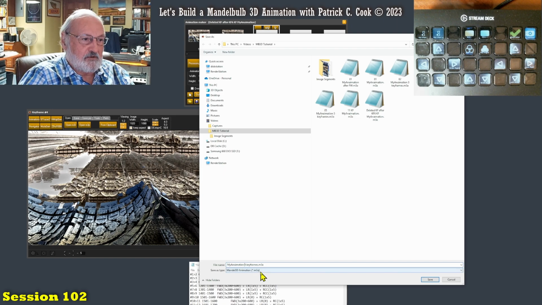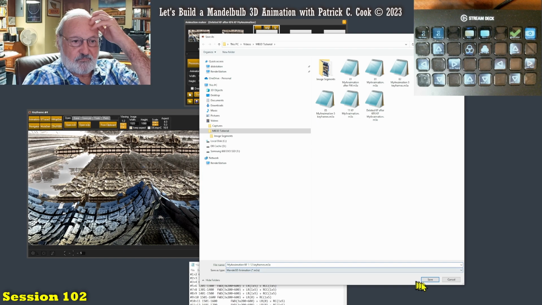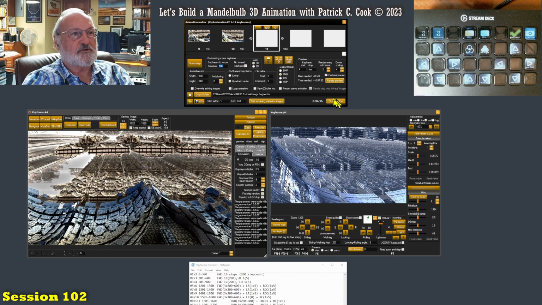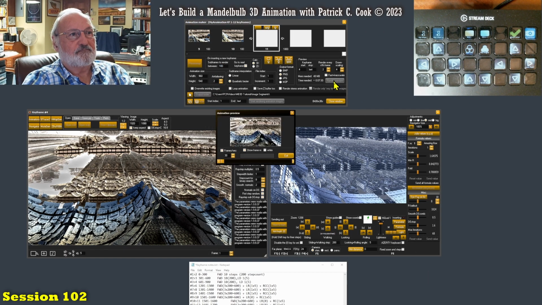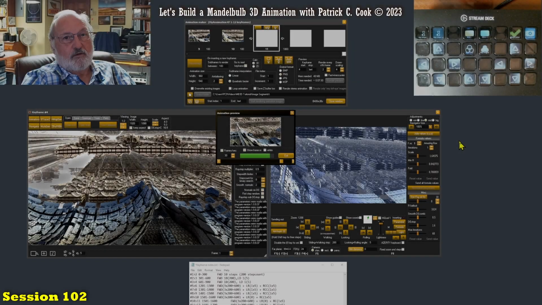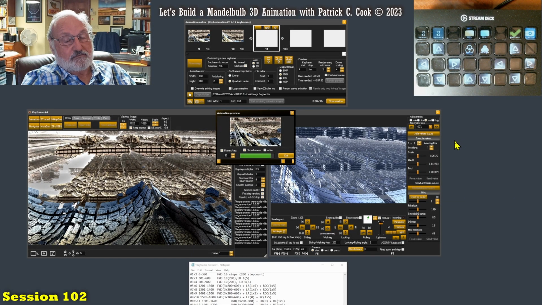Let's say my animations, keyframe 1 through, where are we? 12, something like that. Okay. All right. Let's render a preview of that. Well, this is looking much better, much better, much better. All right. Let's take a look at this after the preview stops rendering.